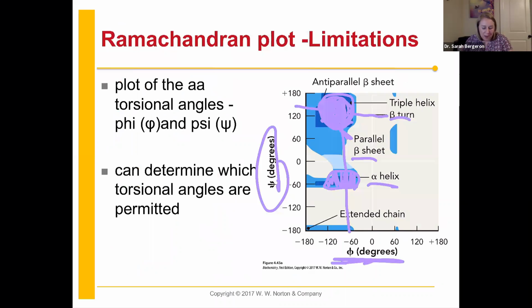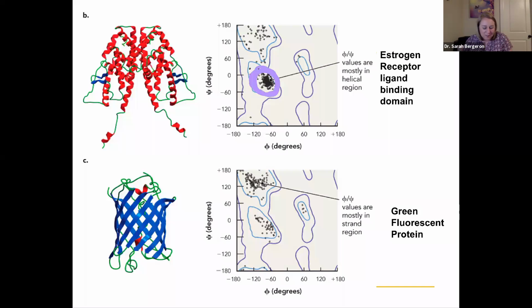So if we go back, and I erase everything I kind of drew on here, what you're going to see is that we have lots of alpha helices, not so many beta sheets, right? Now, if you look at GFP, our green fluorescent protein, we see a lot more in the beta sheets. And that's exactly what we see in the molecule. And so this has been done over many different proteins, and it ends up being true for like everything.